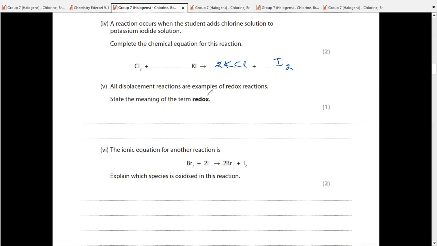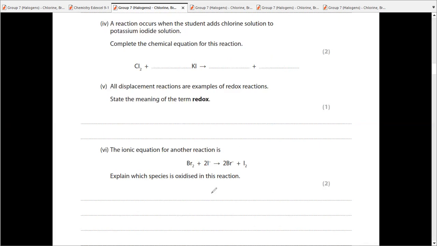We have two chlorine over there. Now we have two chlorine over here, but here we have two potassium as well. So, sir, there also I will put two. And now we have this one. We have two iodine also, which will go over there. And we already wrote two. That's it. Well done. Okay, moving on.